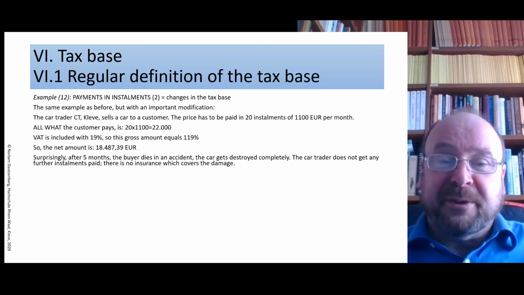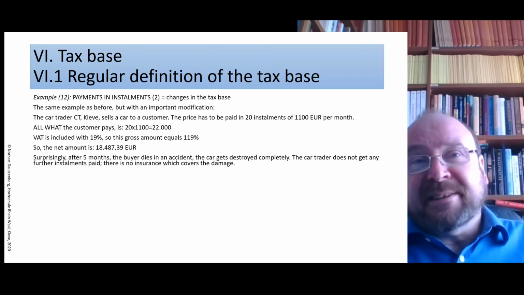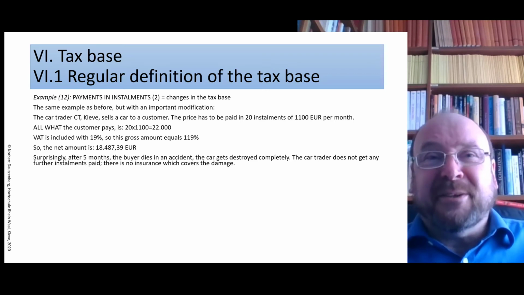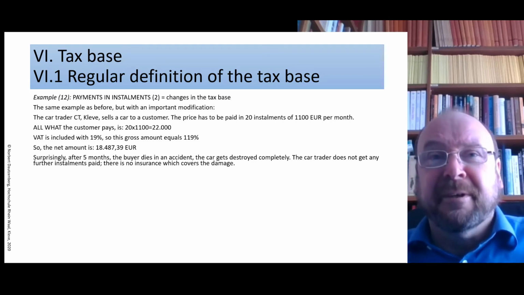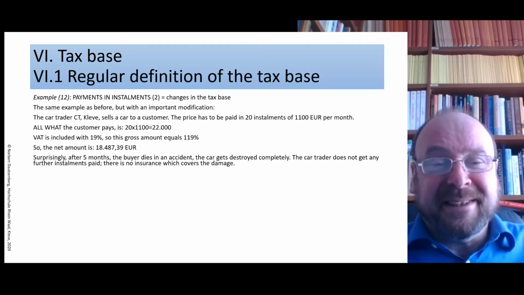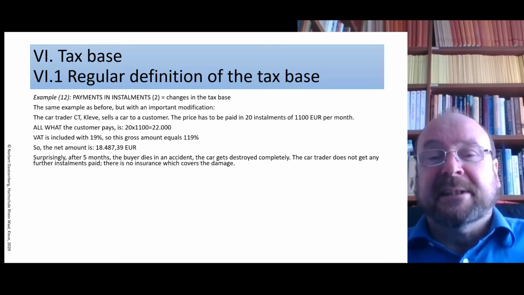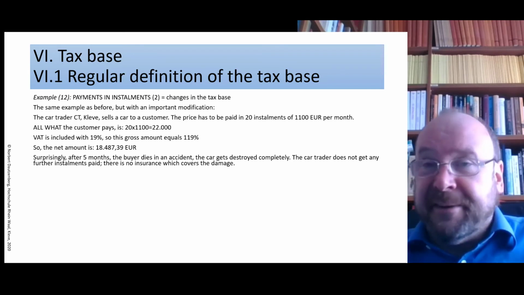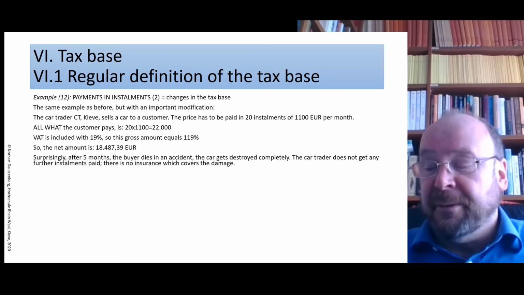There is no insurance which covers the damage, and for reasons of public reputation, the car trader regards it as not recommendable to knock on the door of the widow and the 5 hungry children to insist on a payment of the remaining installments. Or the buyer has left no heirs, so there is even nobody where you could knock on the door.